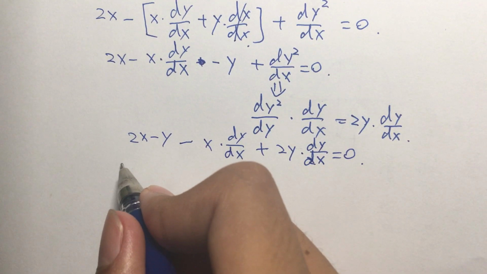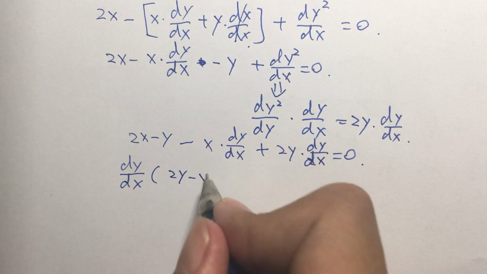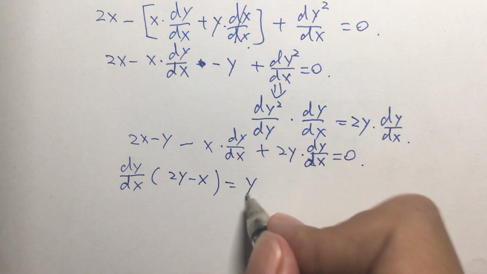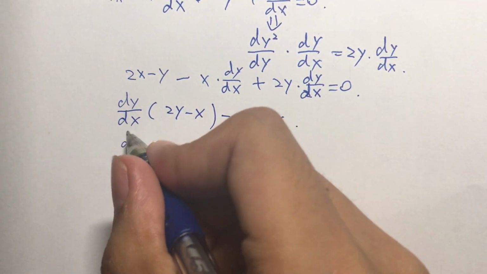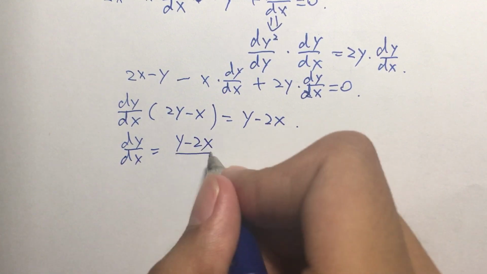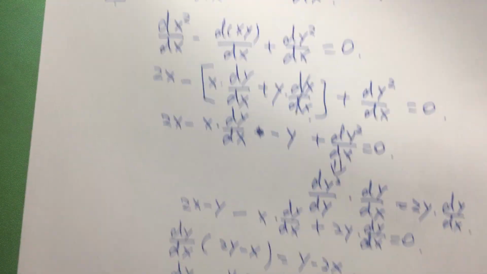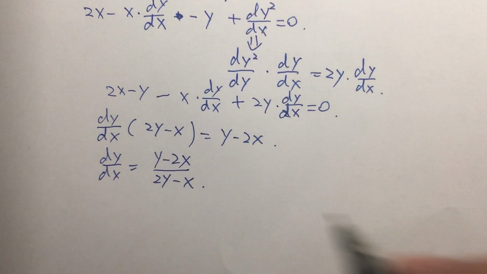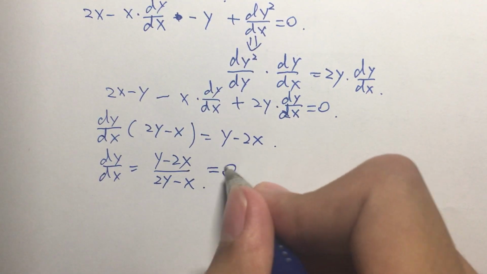So we have dy over dx times 2y minus x equals y minus 2x. So now we get dy over dx equals y minus 2x over 2y minus x. And because we are going to find our stationary points, this means that the differentiation of the function is equal to 0.